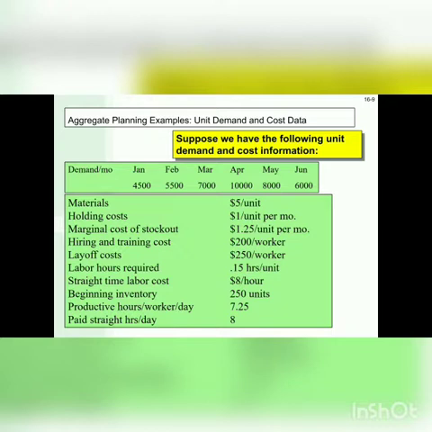Labor hours required is 0.15 hours per unit. Straight time labor cost is $8 per hour. Beginning inventory is 250 units. Productive hours per worker per day is 7.25. Paid straight hours per day is 8. So now the two pieces of information, the forecasted demand and the cost information, are with us. Now how should we plan it?